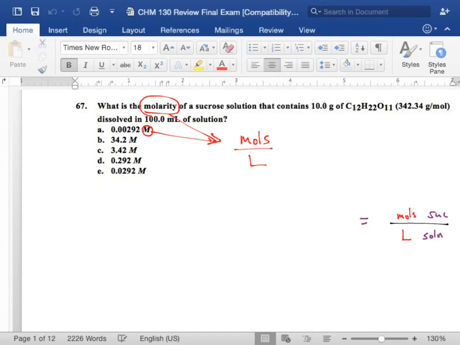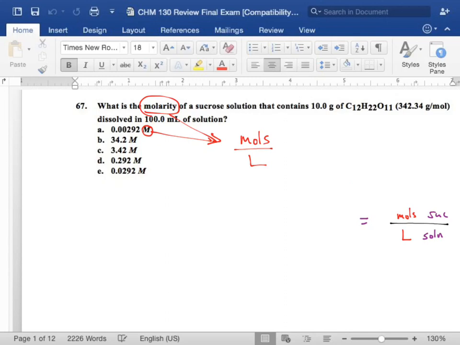Am I given the moles of the sucrose? No. Am I given liters of solution? No. Which of those two do I want to work with first? Moles. How could I get moles of sucrose to come into my equation?